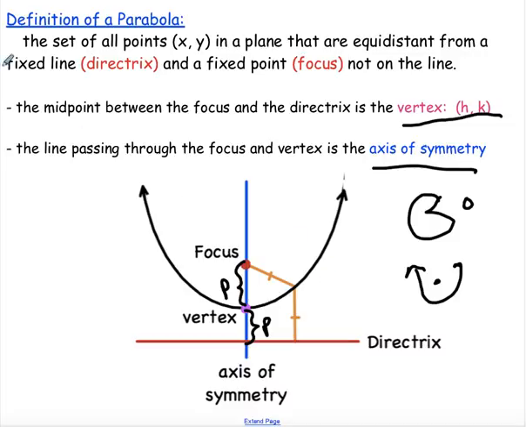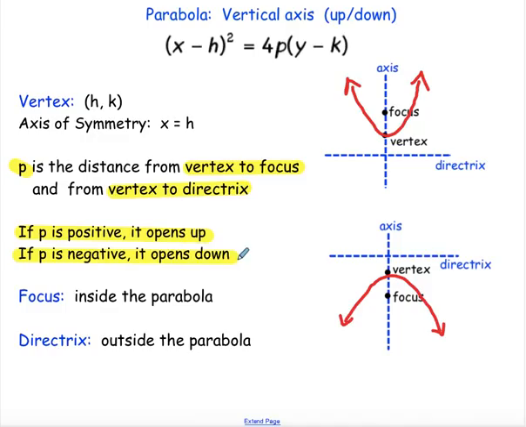Okay? So here is our equation we're going to use if our parabola opens up or down. The h always goes with the x, the k always goes with the y, so that's kind of similar to circles. But now the x information is being squared, the y information is not. And then you've got something outside of the parentheses on the non-squared side, and whatever's out in front here is 4p.